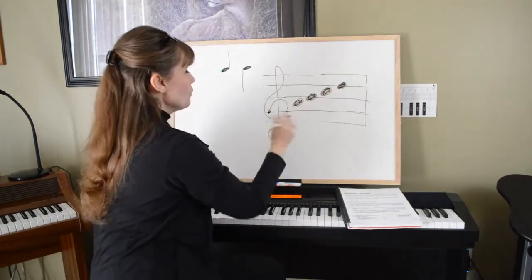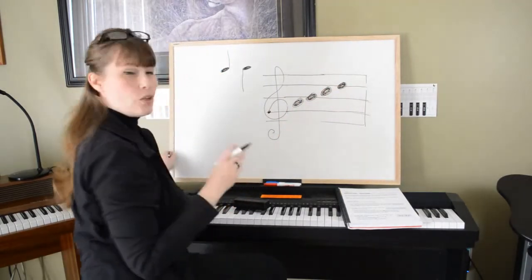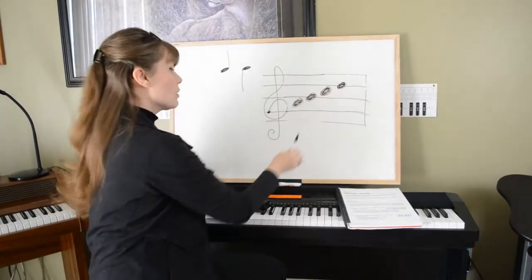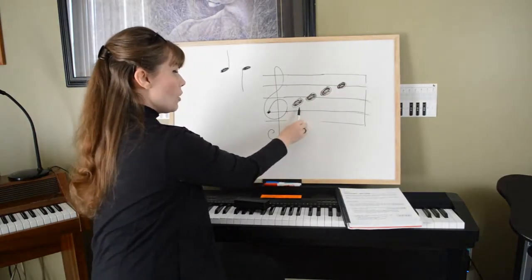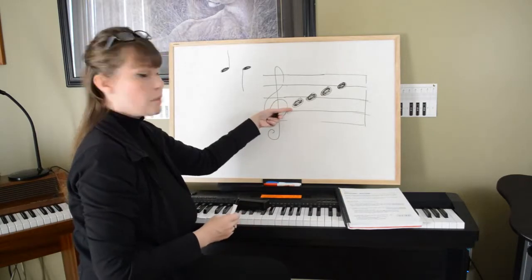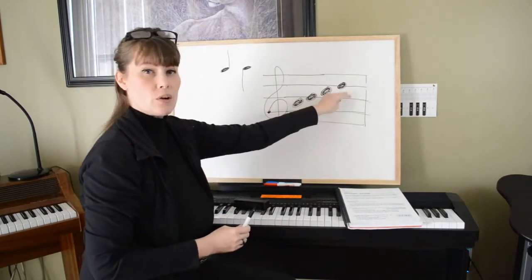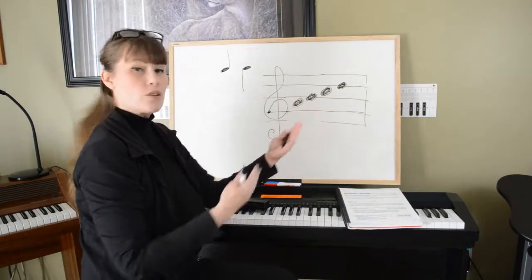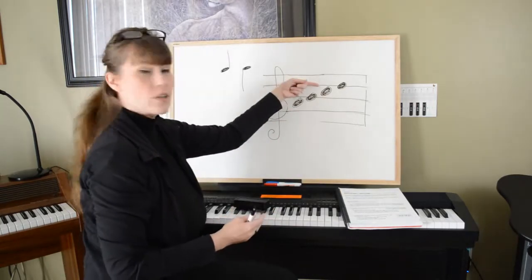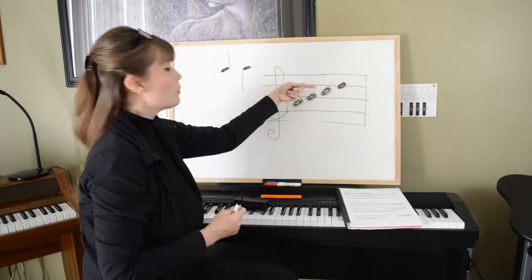We're going to assume they're all filled in and they're going to be 8th notes. How do we know to put the stems up or down? Well, again, we look at the majority. There is one note that goes below that middle line, but there's 2 notes that go higher than that middle line. So the majority says the higher ones are going to determine whether the stems go up or down.